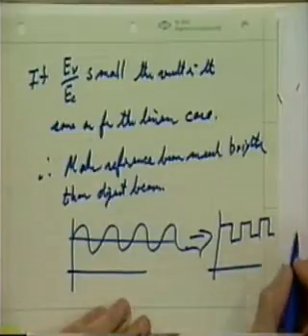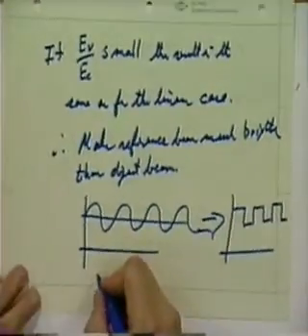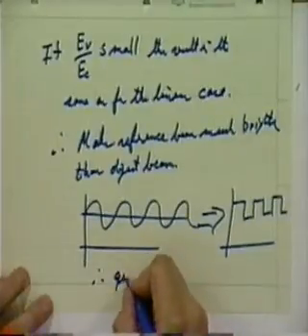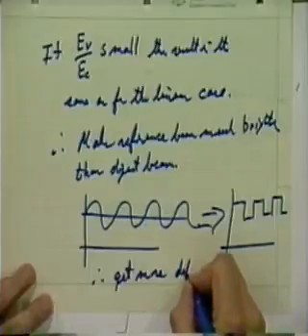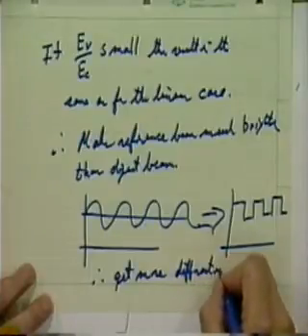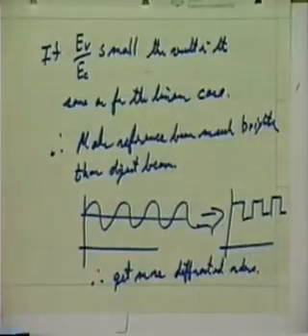Okay. And so if we have square waves instead of sinusoids, what do we get? We get more diffracted orders. Okay.